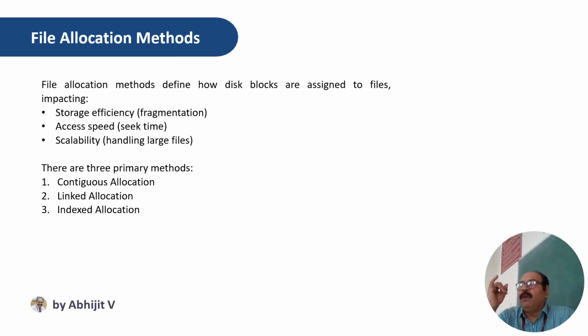Three things: file allocation methods mean how the disk is going to allot or block the space for the assigned files. So this will affect three points. The first one is storage, the second is access speed, and the third is scalability.